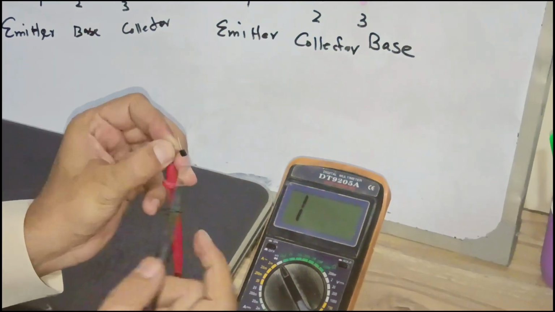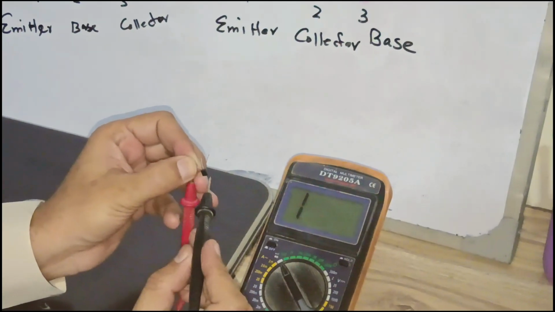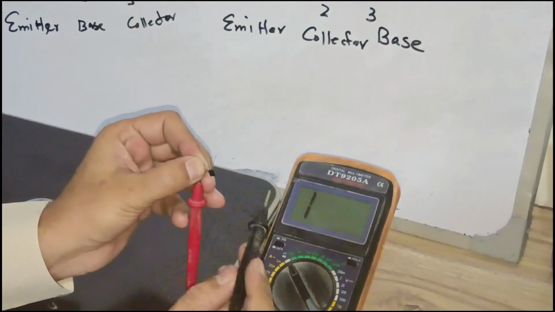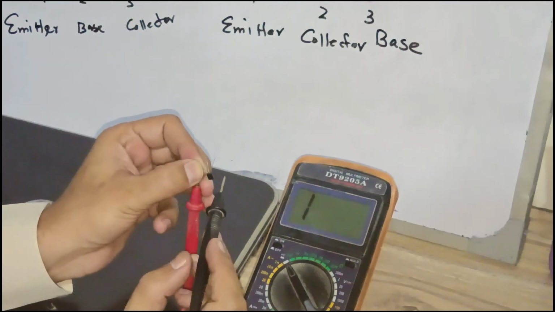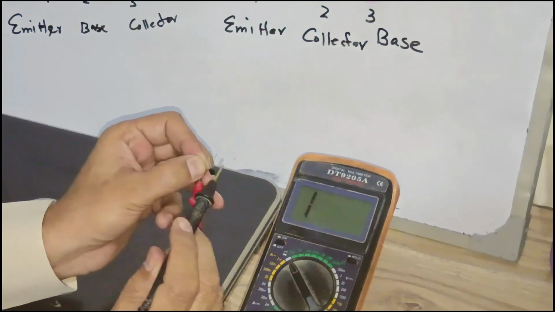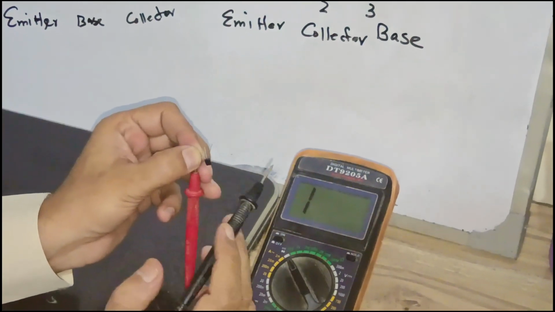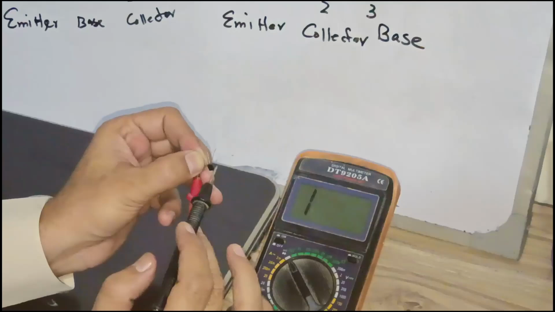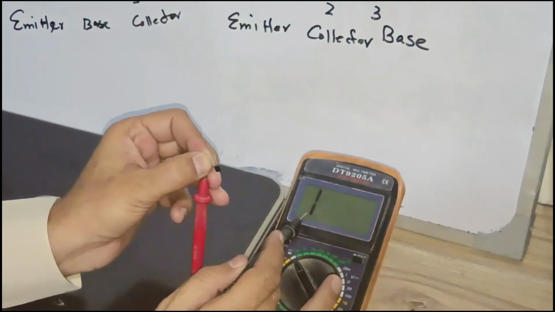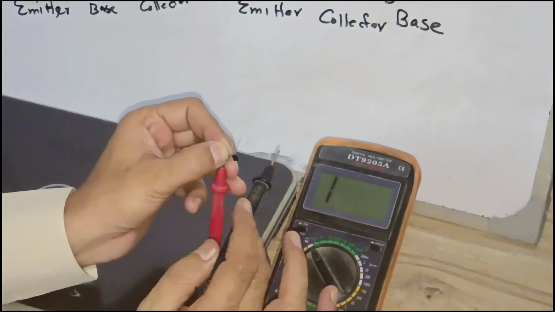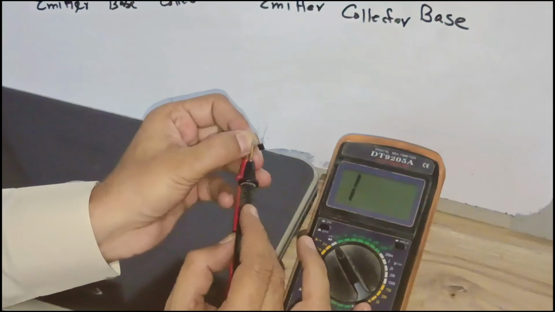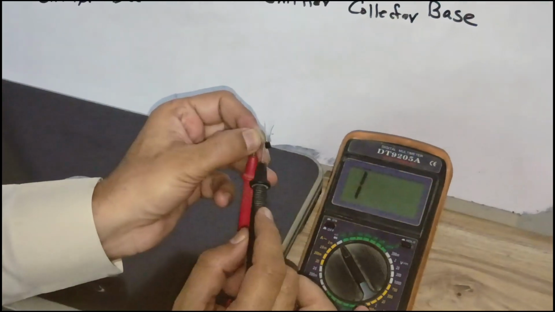If in both conditions it shows some resistance, it means the transistor is shorted. If in both directions it shows infinity resistance, it means the transistor is faulty.